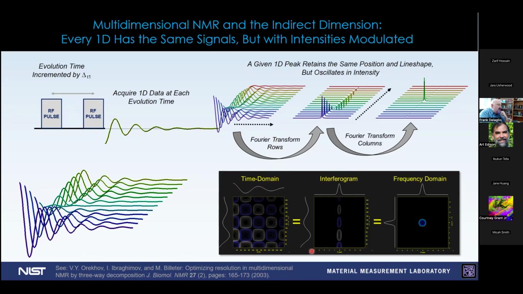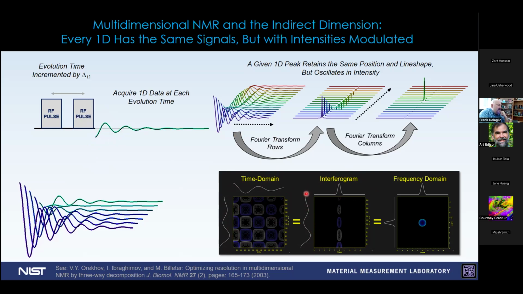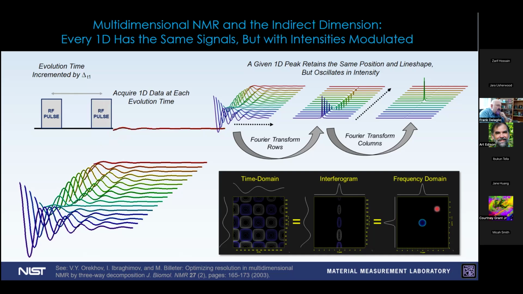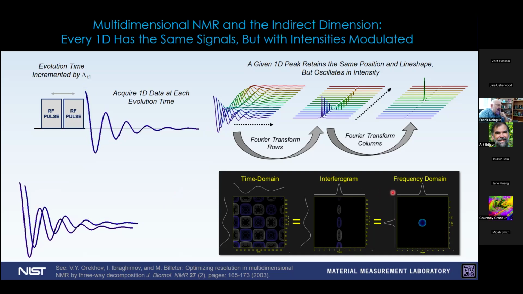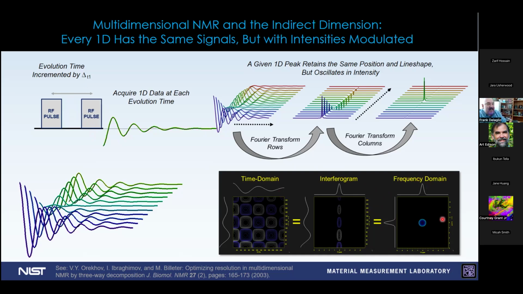The 2D matrix can be described as the product of a 1D shape times a 1D shape, but now one of the shapes is a spectrum and the other is still in the time domain. So now when we Fourier transform all the columns of this, we get a spectrum. But again, even though this is a 2D matrix, it can be described exactly as the product of these 1D line shapes. And the information content in all of these cases is exactly the same.